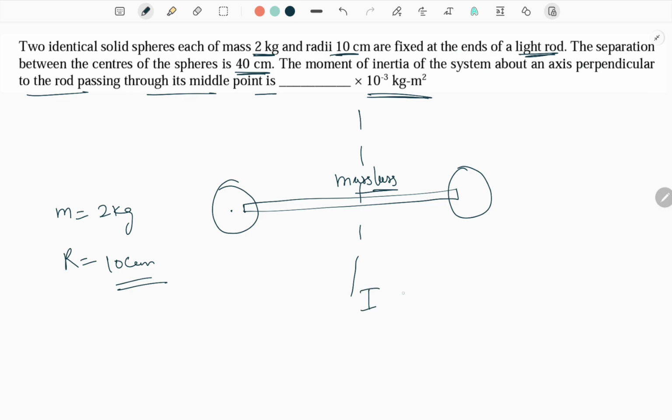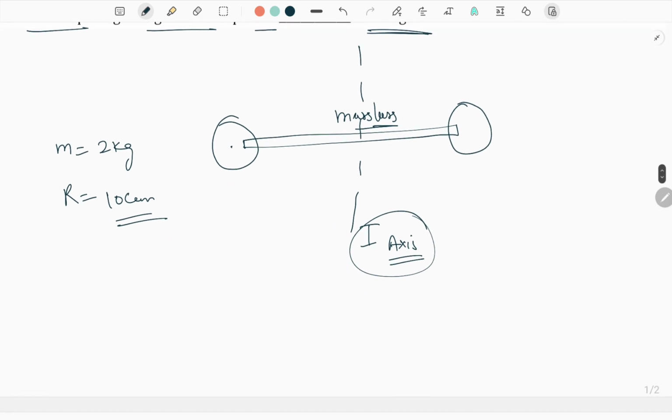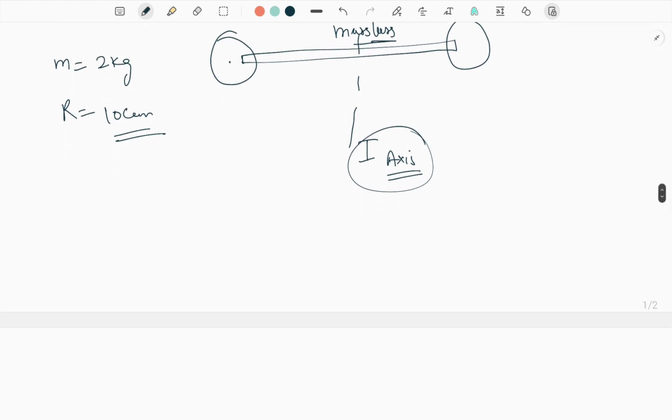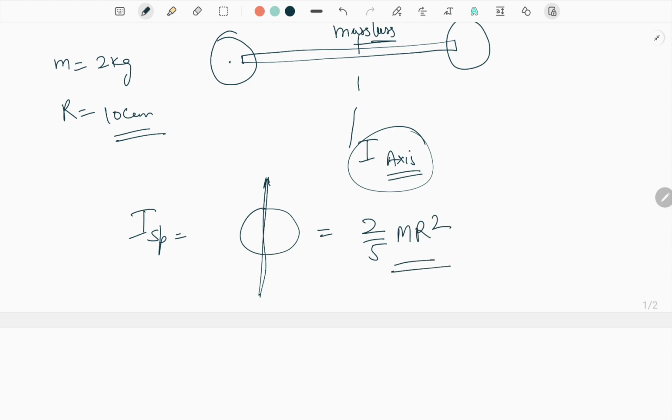Let's call it I axis. We know the moment of inertia of a sphere about its center axis is equal to 2 by 5 m r square.